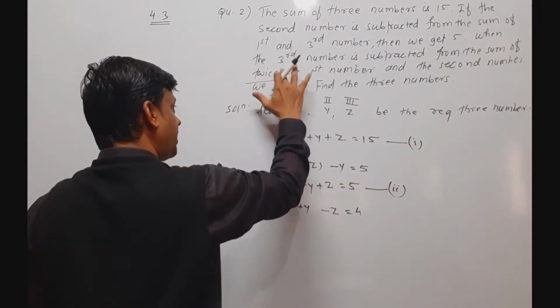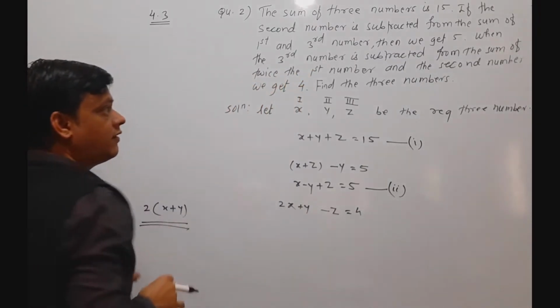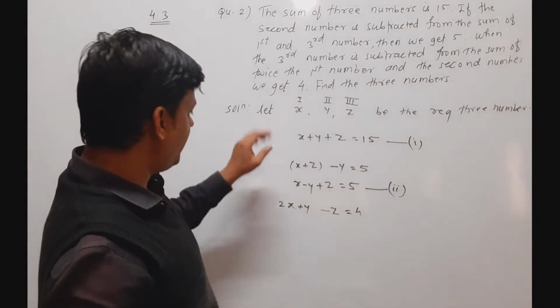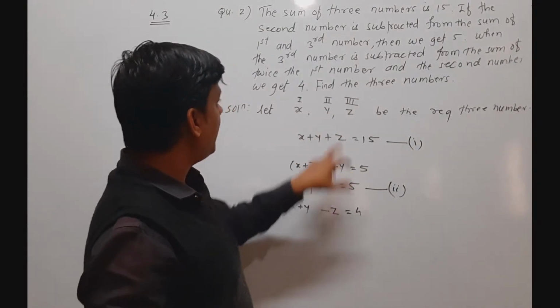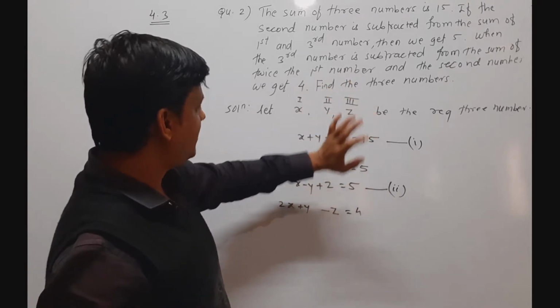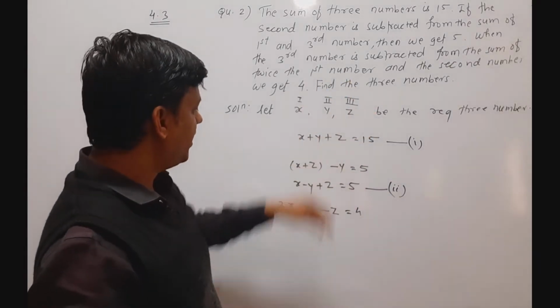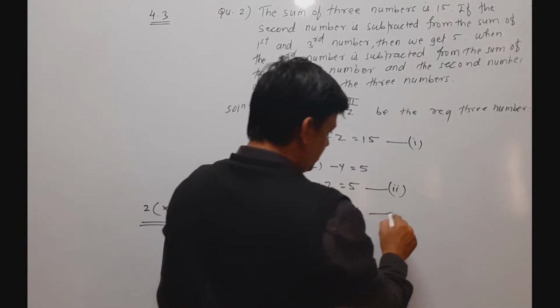Here we have to take only twice of first number, so write twice x plus y, and minus z, that is third number, and we get 4 here. So this is equation number 3.